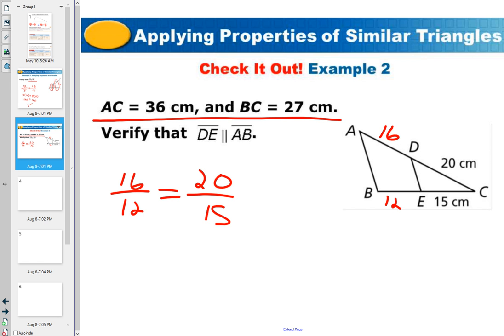So now let's check if this is true. Natalie, if you want to reduce, great. Fredo, if you want to divide, that's fine. But you can also cross multiply. And let's see if this is true. This is 240, right? This is not going to be 240.